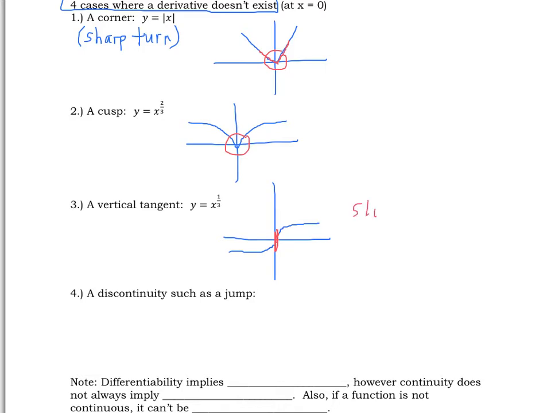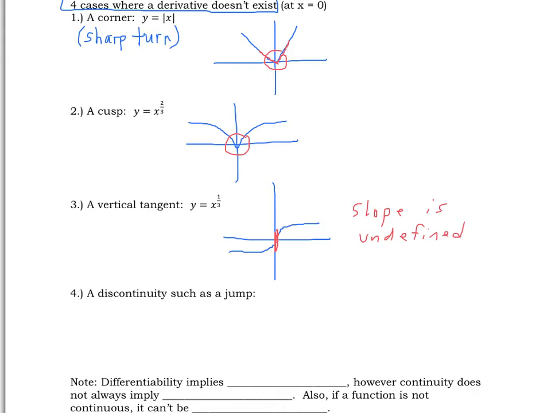So the slope is undefined. If the slope is undefined, that means the derivative does not exist. Because remember, a derivative is a slope of the tangent line. So if you have a function such as x to the 1/3 power, where there's a part of it where it gets vertical for a split second, where you would have a tangent line slope that is undefined, that's an indication that your function is not differentiable.